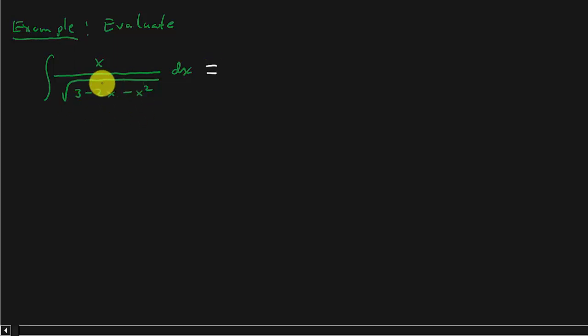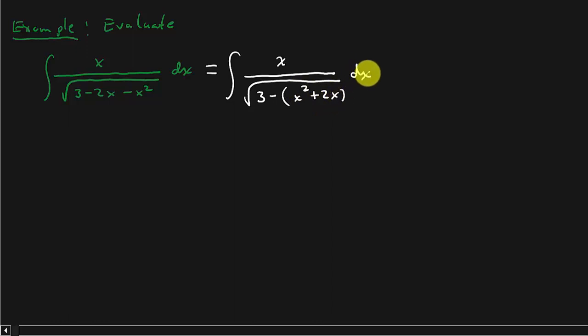All right, so we're going to have to rewrite this denominator. So that's going to be x over the square root of 3 minus. Now what I did is I factored out a negative on these two terms here, so that's going to make it positive x squared and positive 2x dx.